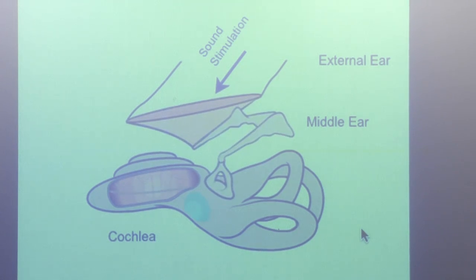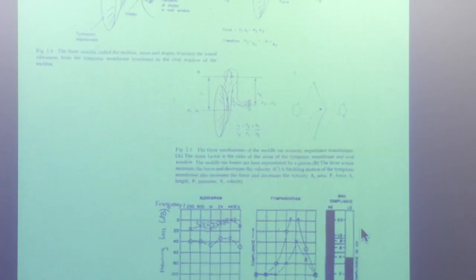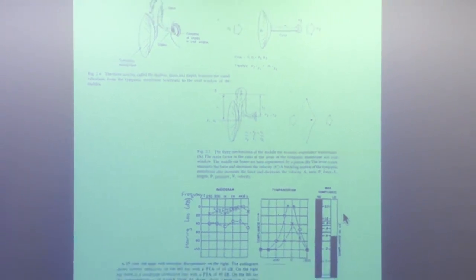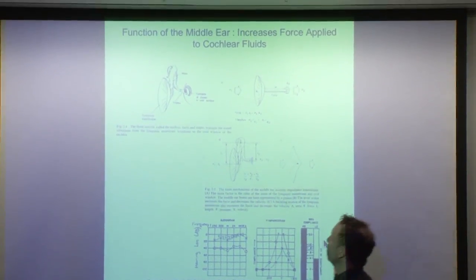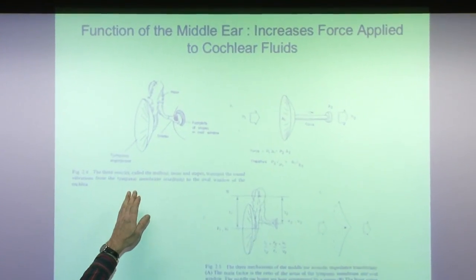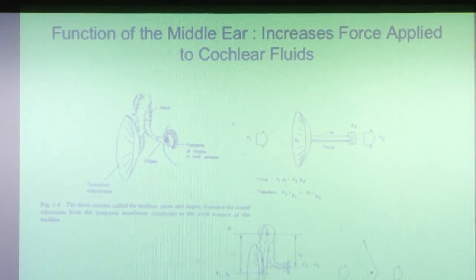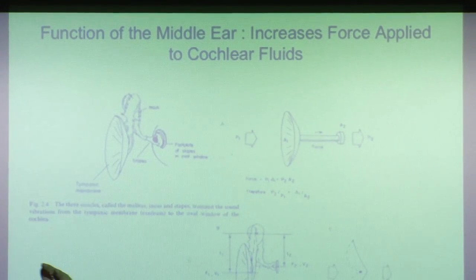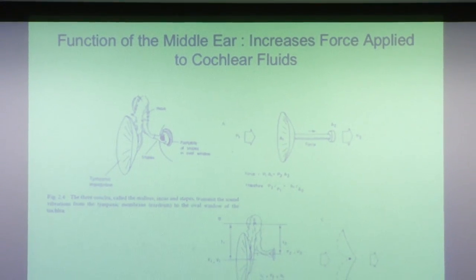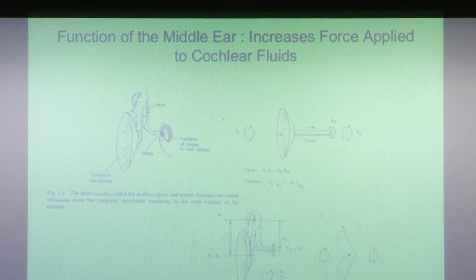The job of the middle ear is so that most of that sound energy gets into the fluids, the water, of the inner ear. And how does it do that? The primary way is by changing area. The eardrum is this big drum, and the stapes footplate is much lower in area, a smaller structure.